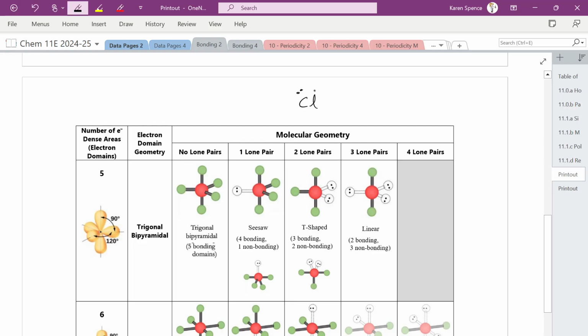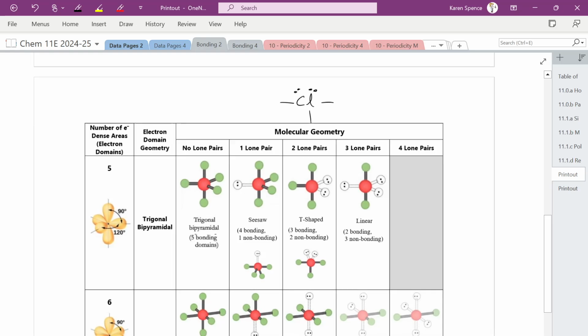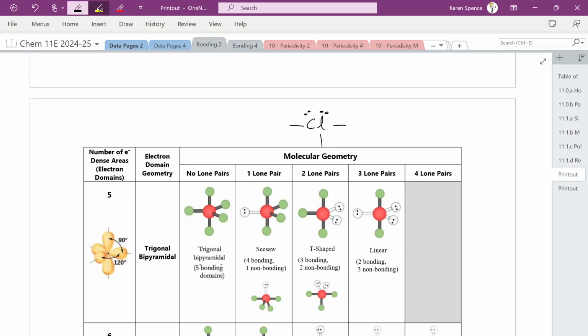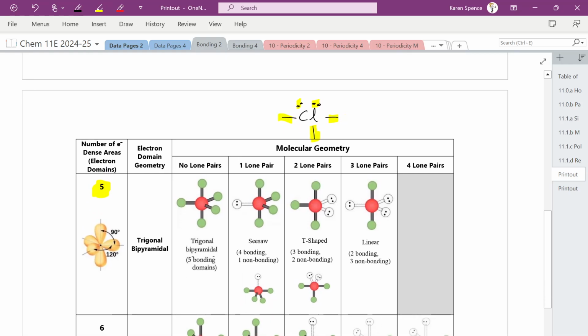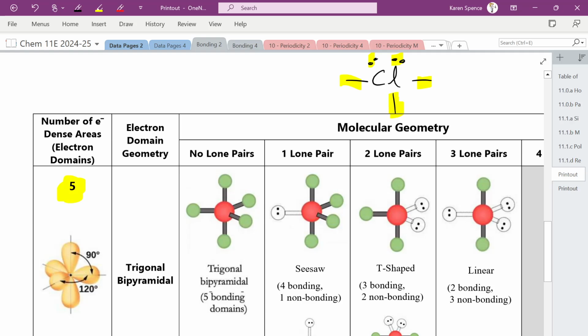It's got 2 lone pairs, and it's got a bond, bond, bond. What is that? We have 1, 2, 3, 4, 5 electron domains. So go to your 5 electron domain section and find 2 lone pairs.